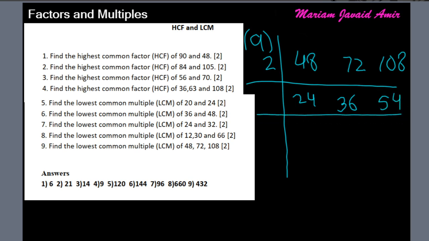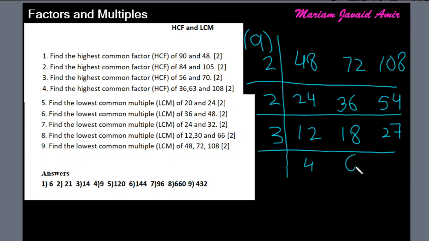Again all these will get divided by 2: 12, 18 and 27. Okay, now 3 divides all of these together, so 3 4s are 12, 3 6s are 18, and 3 9s are 27.